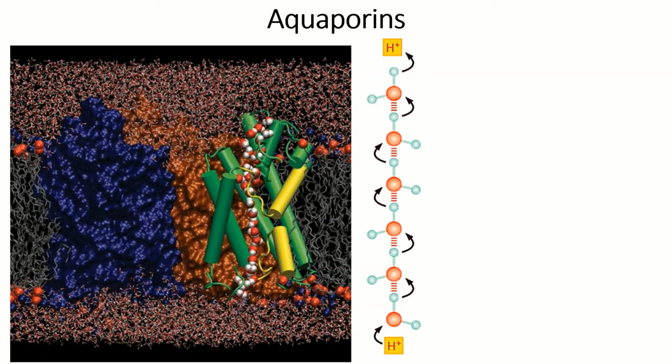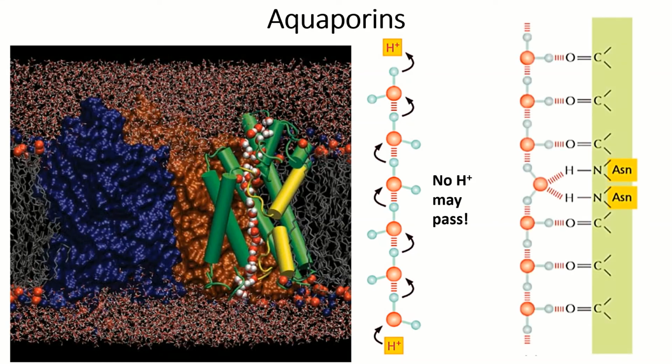The aquaporin prevents that from happening with the aid of the linings of amino acids along the aquaporin channel as shown here on the right. So this is how water moves in and out of the cell through the aquaporins.